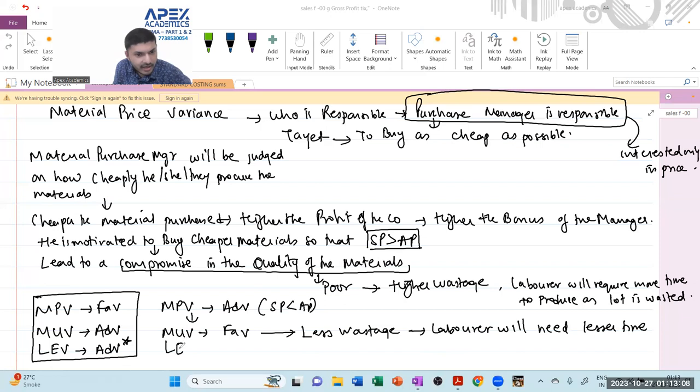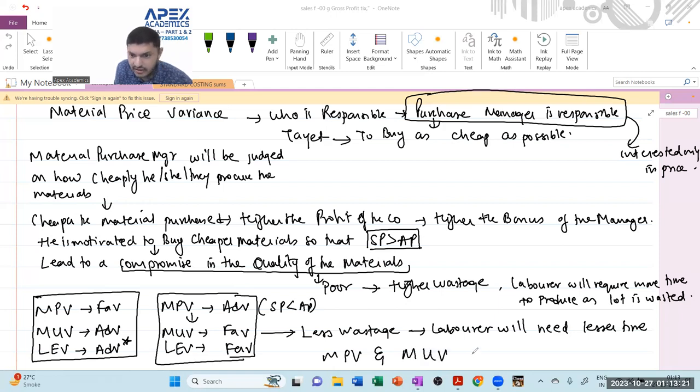So your labor efficiency variance will then become favorable. So it is safe to say that material price variance and material usage variance are normally inverse.